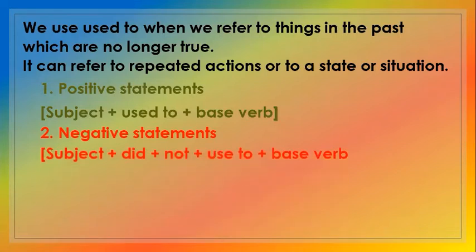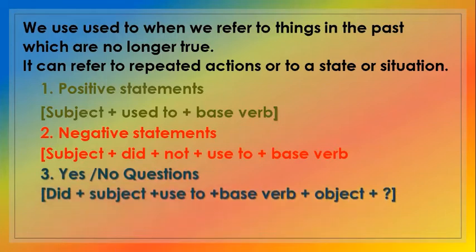So didn't plus used to plus base verb: I didn't used to eat, I didn't used to play, I didn't used to go. And in the questions, we put did, then the subject, then used to, then the base verb, then the object, then a question mark. So we start the questions with did if we want to use used to. Good, good.